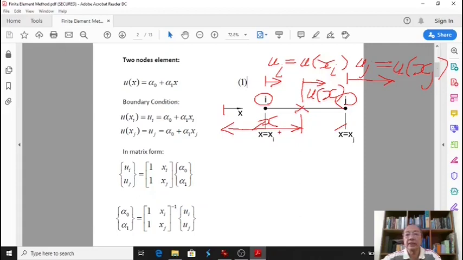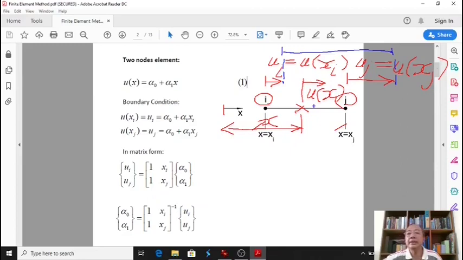After displacement takes place, the element will go to here. Okay, so this is displacement. So this point goes to ui, and this point goes to uj.